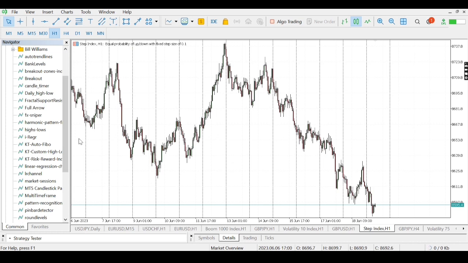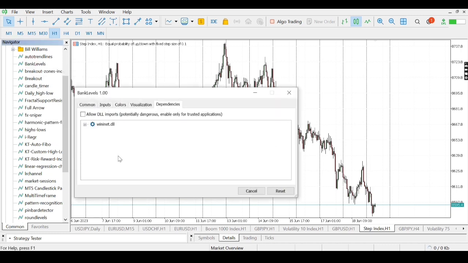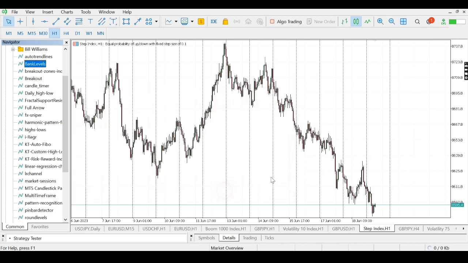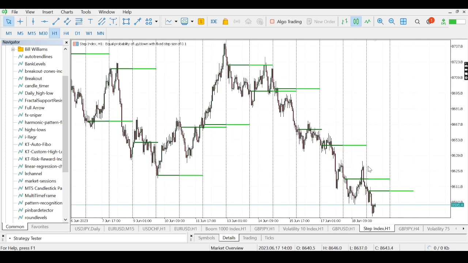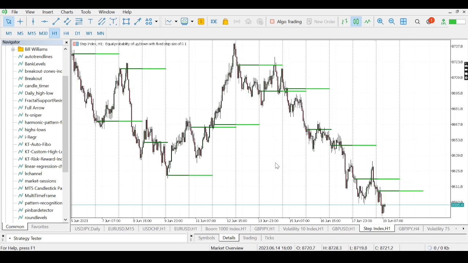Remember, I said this episode is all about simplifying the way you trade your price action, right? So the other indicator that I may use sometimes is this one called the bank levels. This one plots the bank levels on my chart, those rounded figures. So this one is a bit tricky. This indicator is showing me where liquidity is, where the banks are doing whatever they are doing, right?